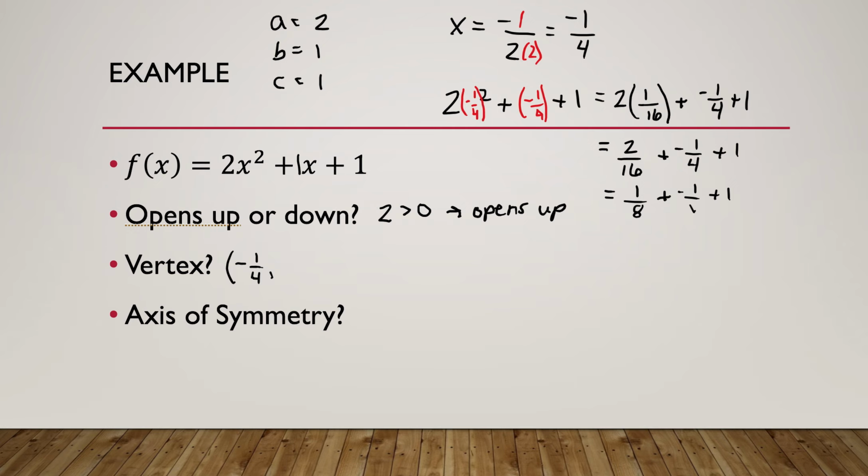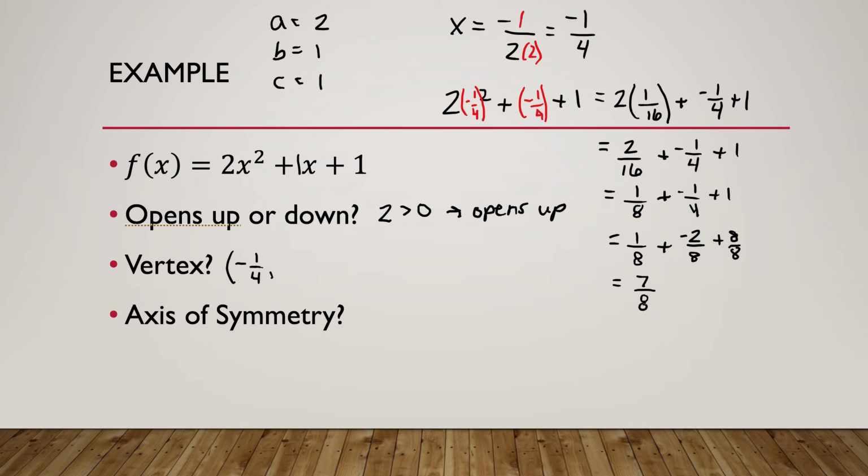And then in order to actually combine these 3 terms, we'll need them all to have the same denominator, so they would all need to have denominators of 8. So I'm going to leave the 1/8 as it is. The 1/4, I'm going to write 2/8. And the 1, I'm going to write as 8/8. So now when we add these together, we're going to end up with positive 7/8.